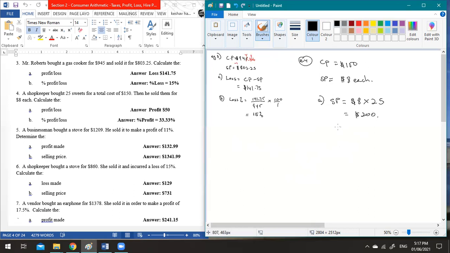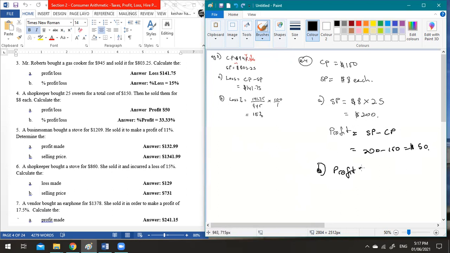Now, the selling price in total was more than the cost price, so therefore it's a profit. Right? And once it's a profit, we subtract selling price minus the cost price, right? So 200 minus 150 is $50. And again, the profit percentage, I should be writing, slow down.